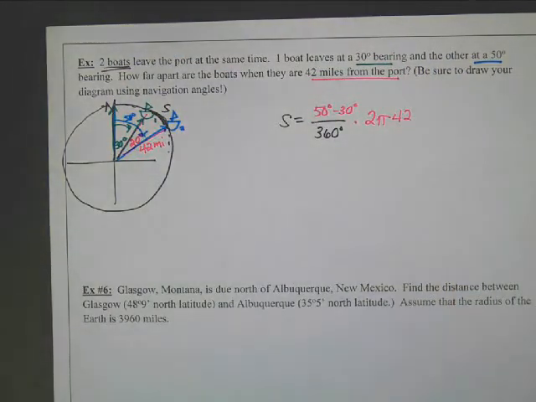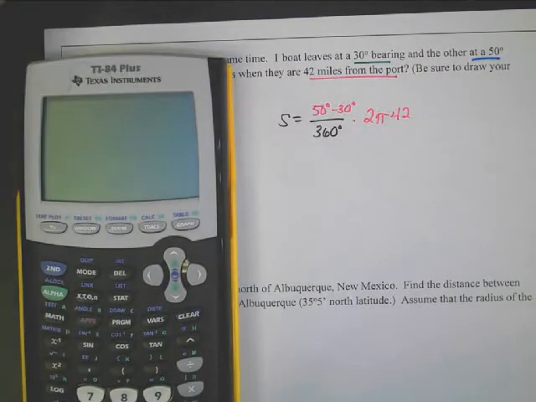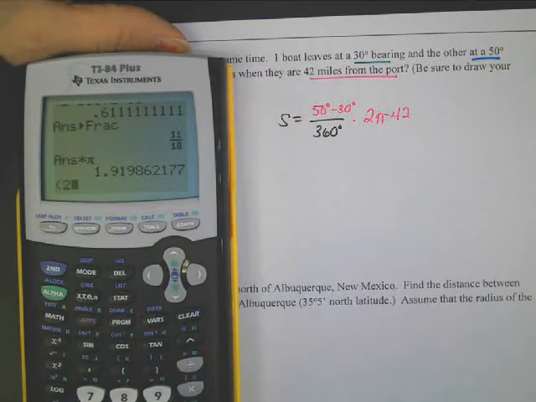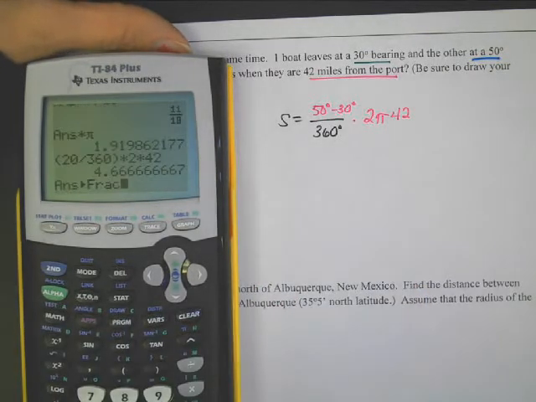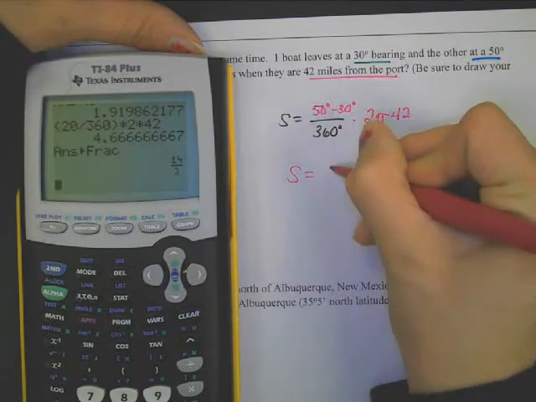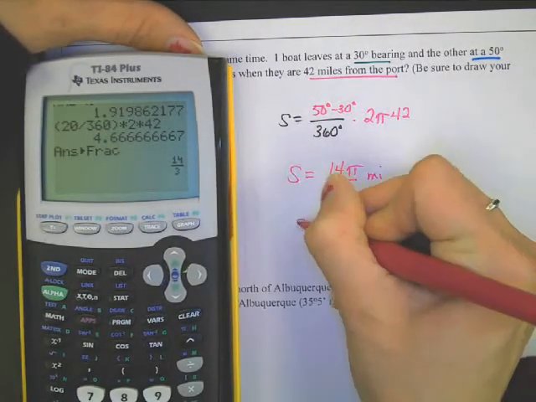Okay, so let's go ahead and type that in and see if we can get the exact answer. So 20 out of 360 times 2 times 42. I'm typing everything except for the pi, and then I'll fraction it up. So the answer is 14 pi over 3 miles.